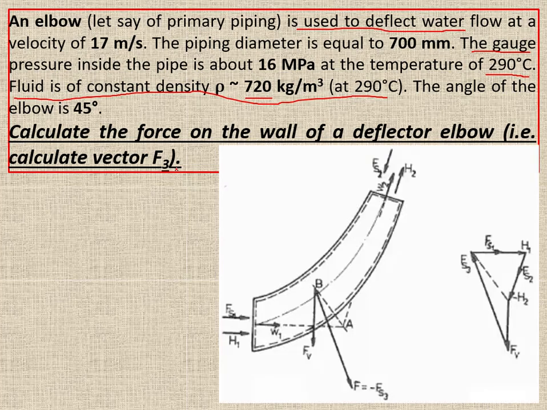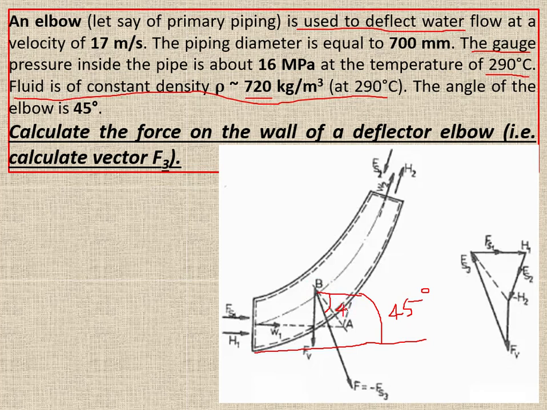Let's see a picture. So this is the elbow, and the angle which is given is a 45-degree angle. So that means the angle here is also 45 degree.